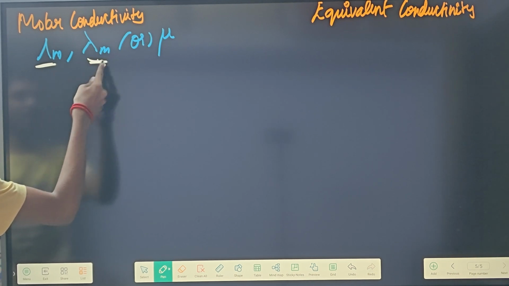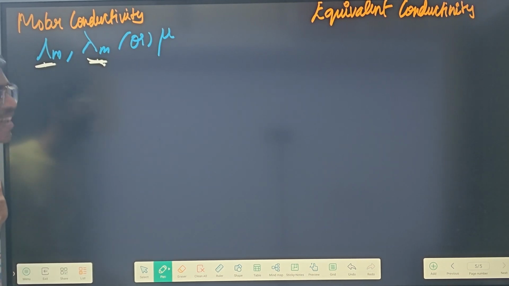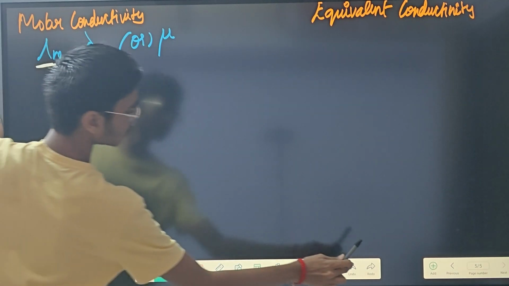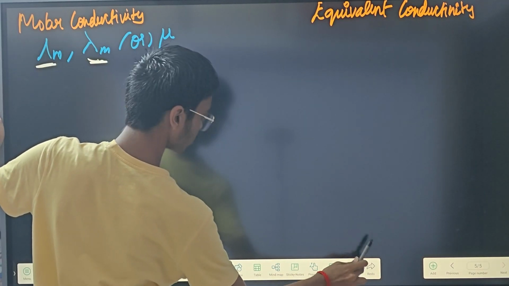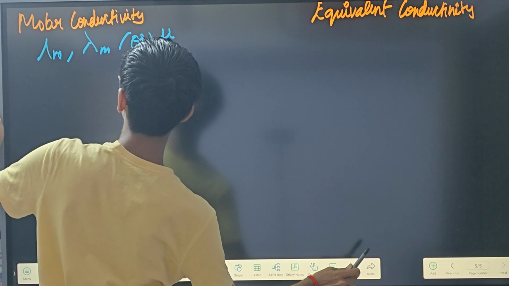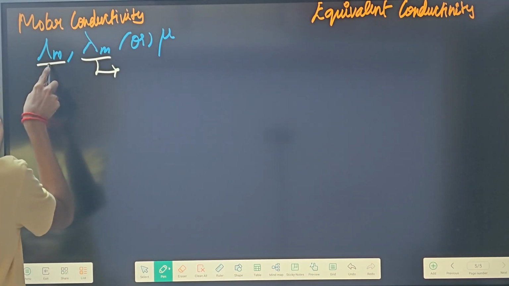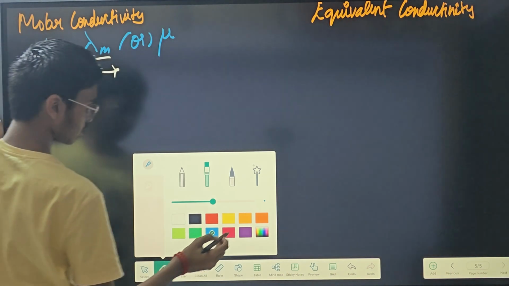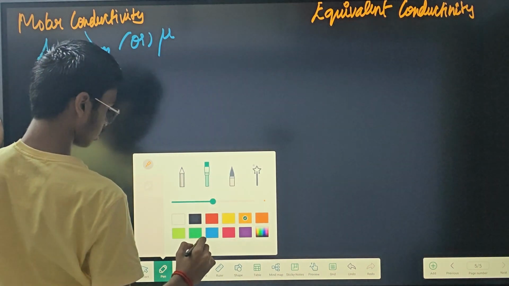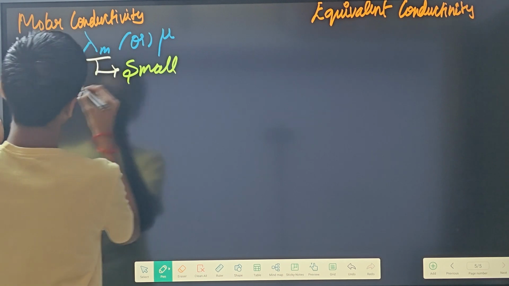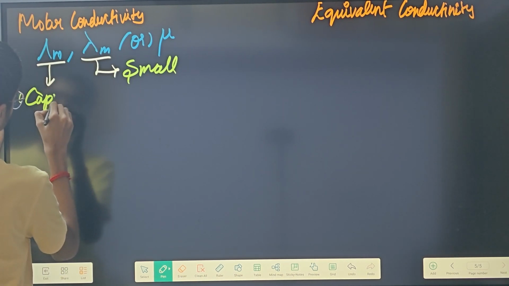This is small lambda, whereas this is capital lambda. Small, and then capital.